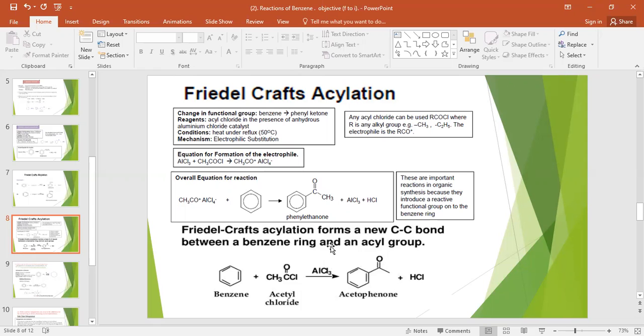What will happen in this reaction? A new carbon-carbon bond between the benzene ring and the new acyl group will form, and that we call phenyl ketone. The ketone can be ethanone, propanone, with one carbon here, two carbons here, three carbons here. So we will write the name of the compound according to that.